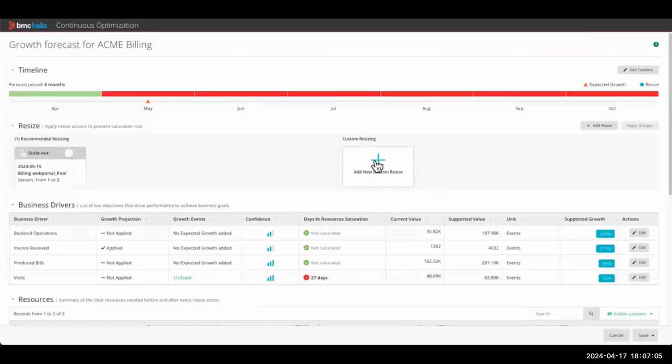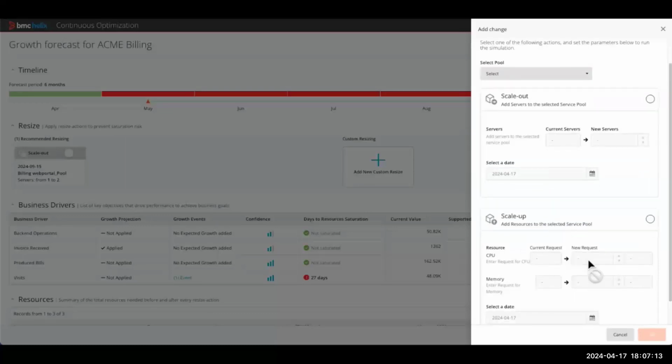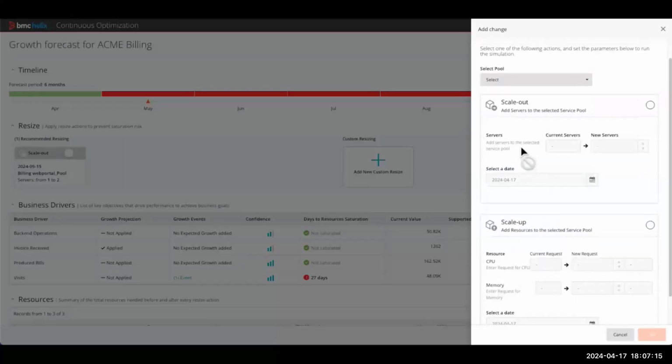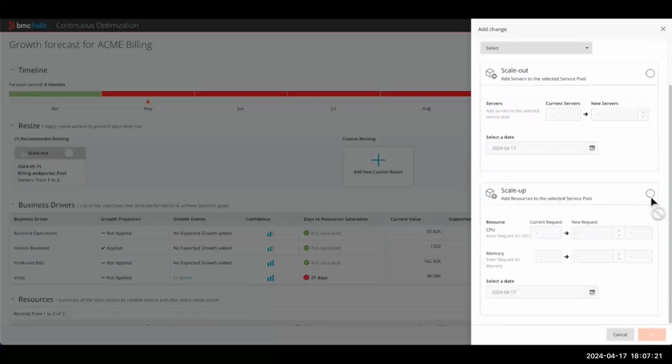And I can also go in and define my own change. So I can do a scale up or a scale out and either add more CPUs in memory, or I can just add instances like the recommendation was. So I can go in, I can say, okay, I just want to increase the number of CPUs.